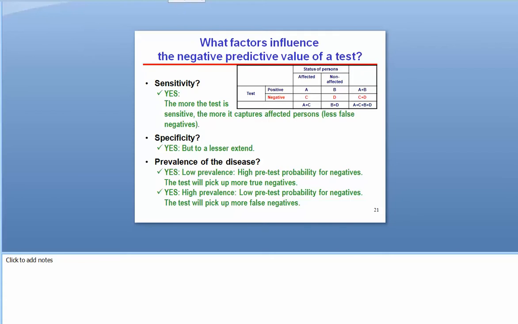Yeah, so now, even the prevalence, of course, matters in here. If you have a low prevalence situation, then there will be a chance for more negatives, and then the test will pick up more true negatives, right? Okay, so now let's go to the next slide.